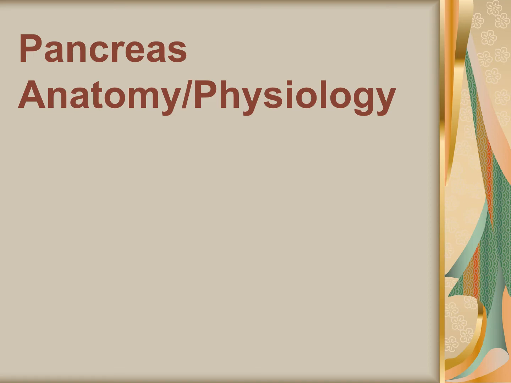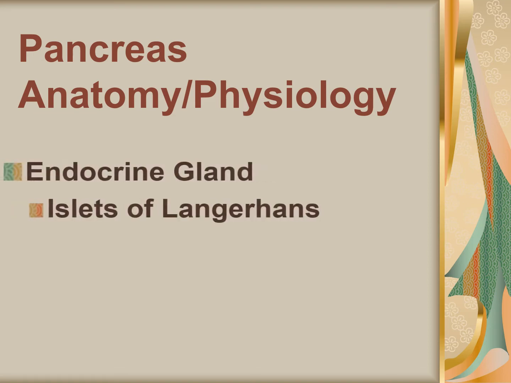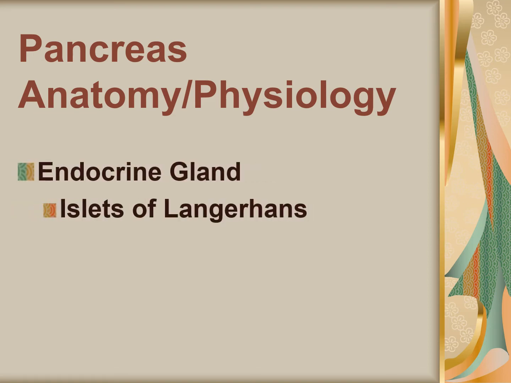Now, on the endocrine gland portion, the islets of Langerhans produce the endocrine secretion of insulin, glucagon, pancreatic peptides, and somatostatin. These hormones are going to be secreted directly into the capillaries and transported throughout the body to act on other organs.